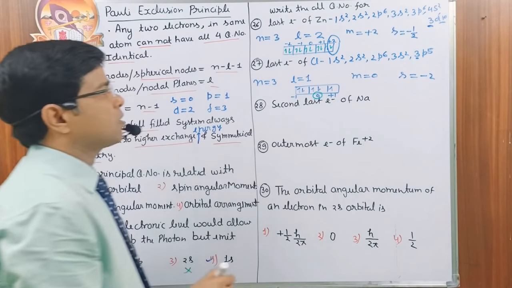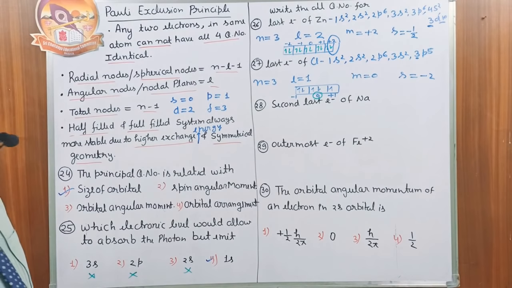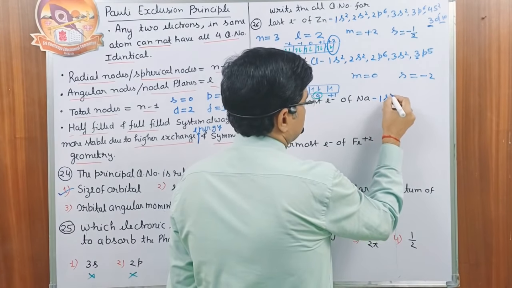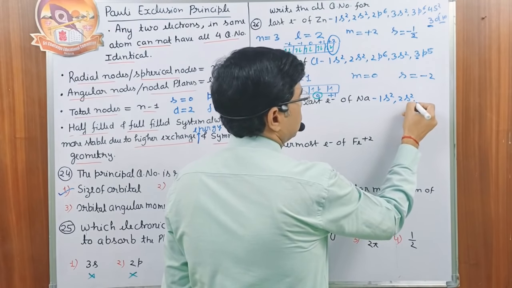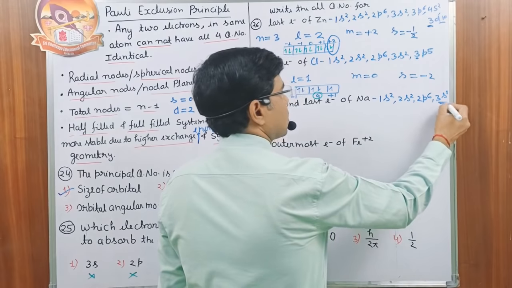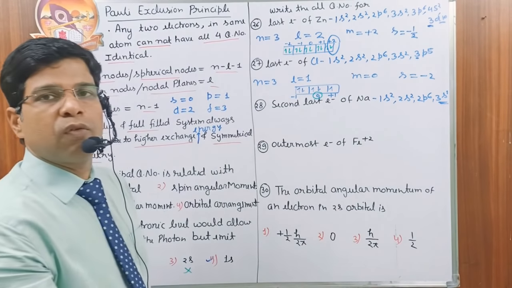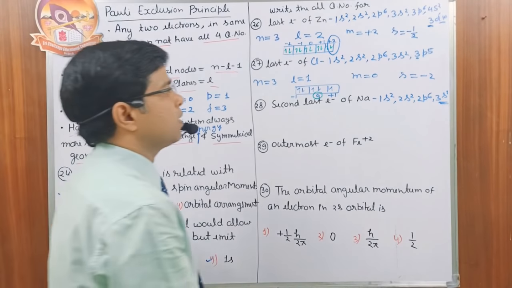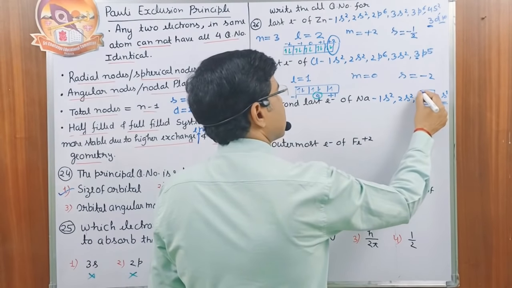Then the second last electron of sodium. First I check the electronic configuration: 1s2, 2s2, 2p6, 3s1. The last electron is 3s1, but we have to find the electron just previous to the last, that is 2p6.